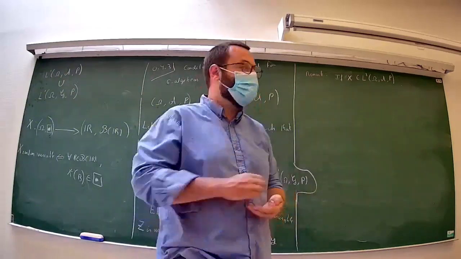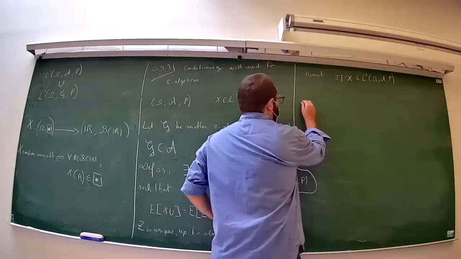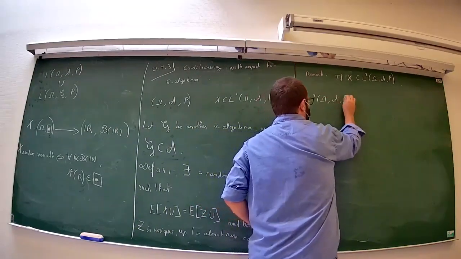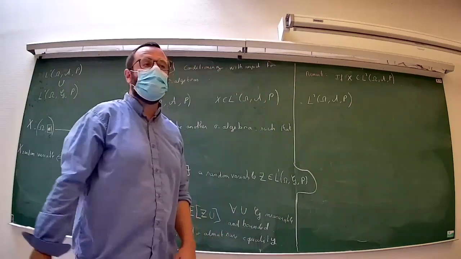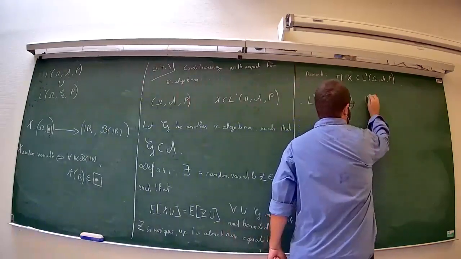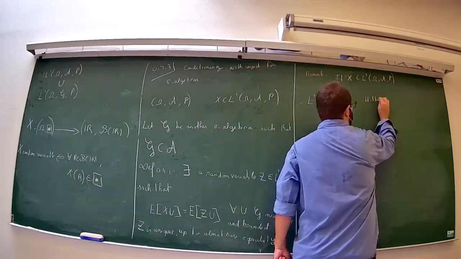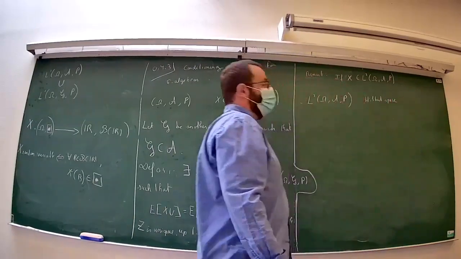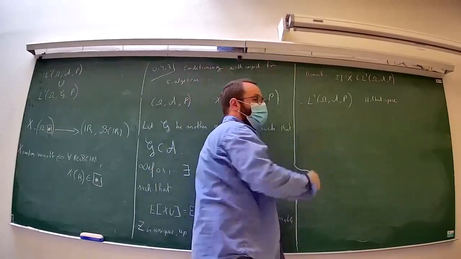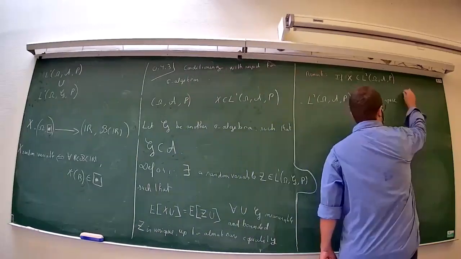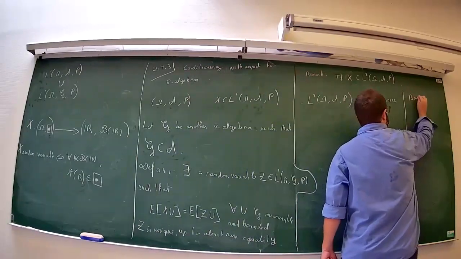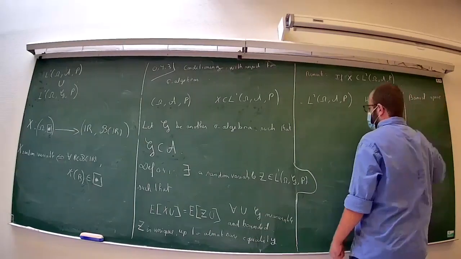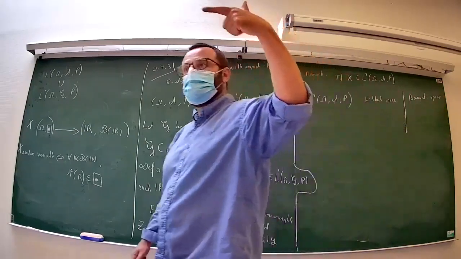This is important to have in mind, and it's really important in probability theory. So L2 of (Omega, A, P) is a Hilbert space. It's a Banach space, that is a vector space that is complete.